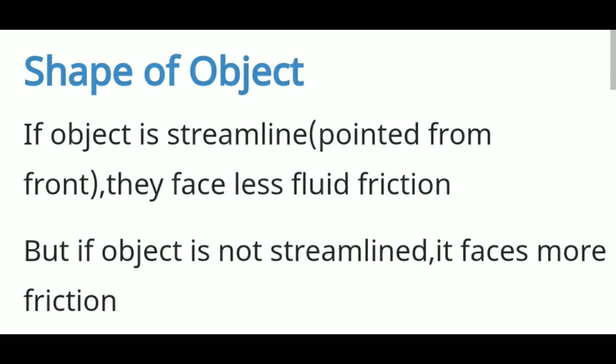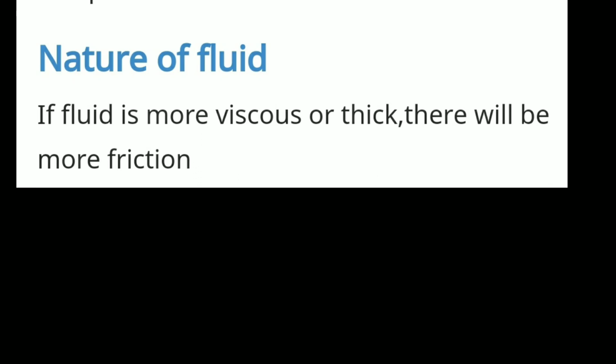The second factor affecting fluid friction is the shape of the object. If the object is streamlined, which means pointed from the front, it faces less fluid friction. And if it is not streamlined, it experiences more fluid friction. And the third factor affecting fluid friction is the nature of the fluid. That means if the fluid is more viscous or thick, there will be more friction.